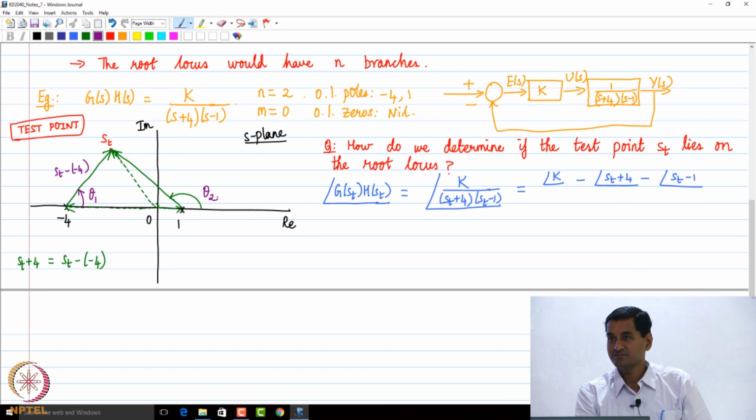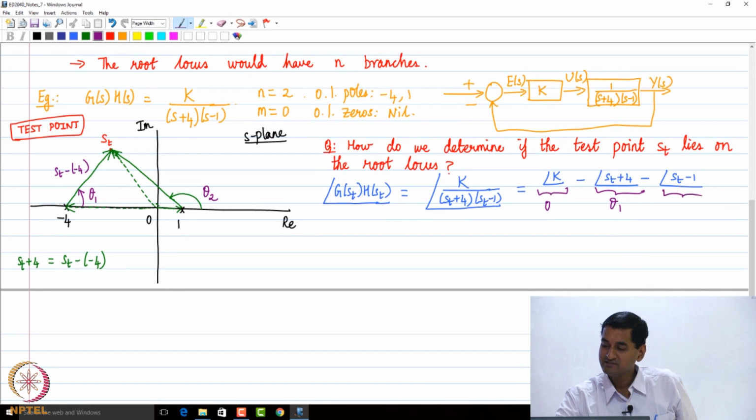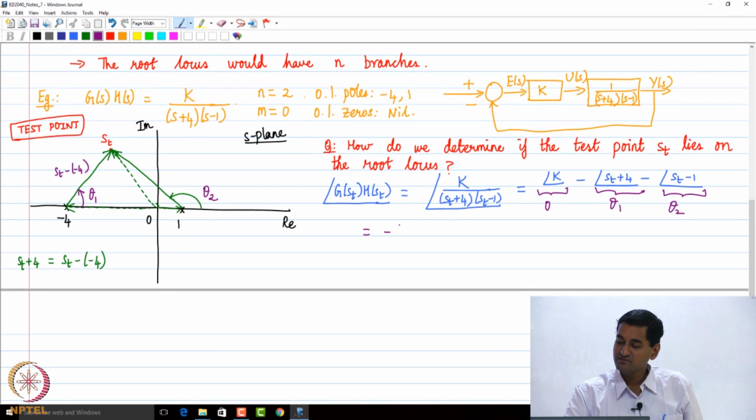Of course the angle contribution from K is 0, this is theta 1, this is theta 2. So this is going to become minus theta 1 minus theta 2.